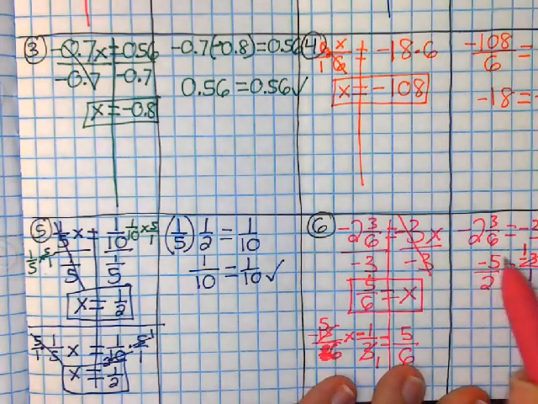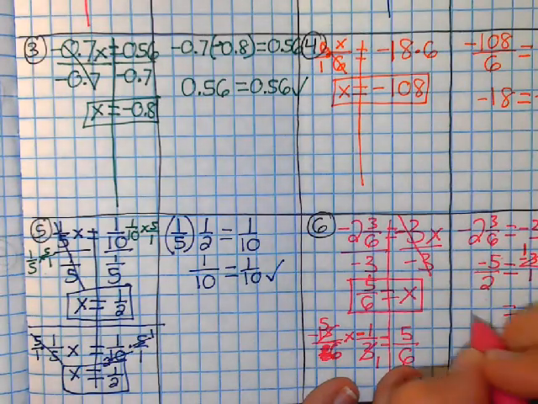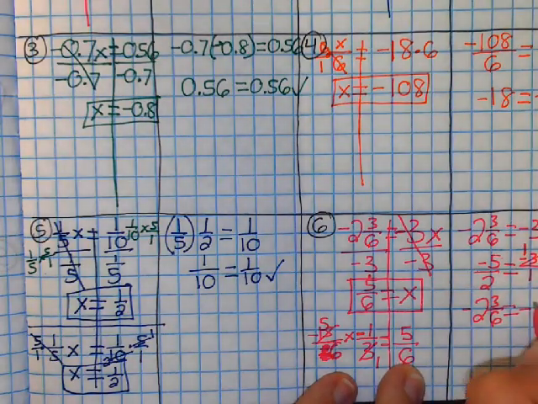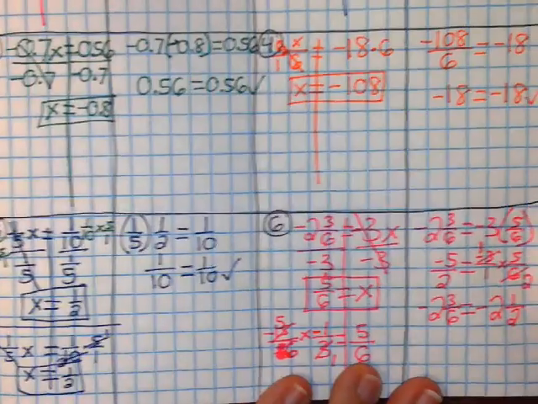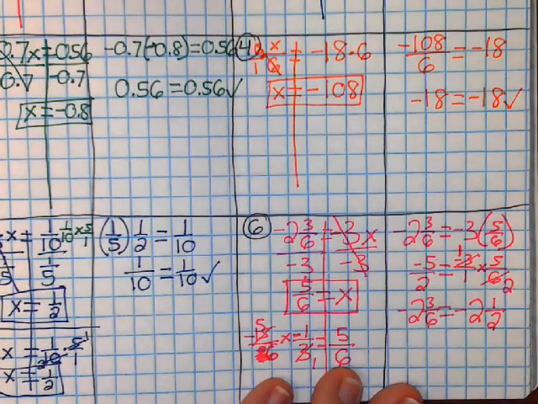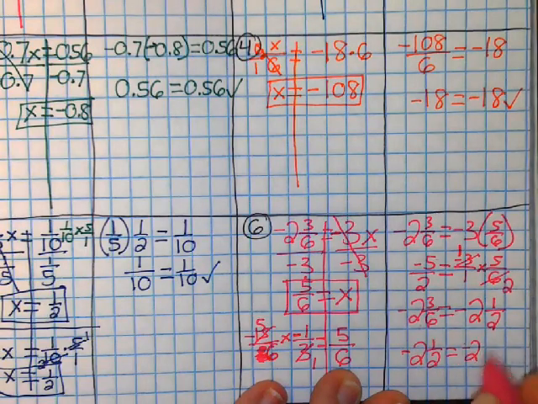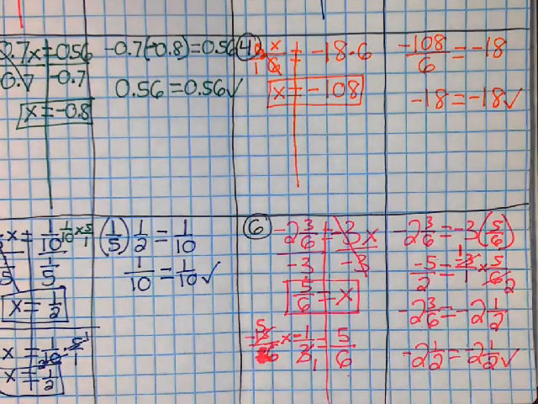I do have negative 5 over 2, but I need to figure out if that equals negative 2 3/6. Well, that's an improper fraction. 2 goes into 5 2 times, with 1 left over. So far they're not the same. But let's simplify this one, because this one's not simplified. I can divide by 2. Negative 2 and 1/2. Does that equal negative 2 and 1/2? Absolutely. Move on and work on the practice.